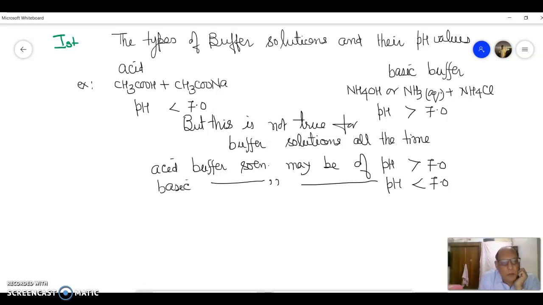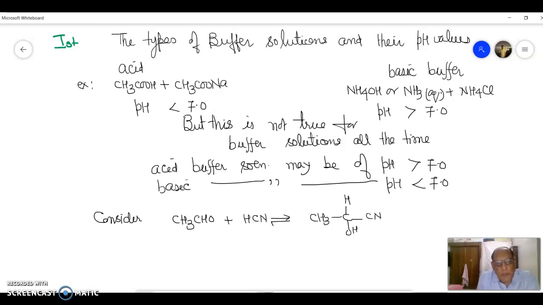You must have read in organic chemistry the nucleophilic addition of cyanide ion or hydrocyanic acid on a carbonyl group. For example, consider the reaction: acetaldehyde reacts with hydrocyanic acid. It's a reversible reaction, of course, to give cyanohydrin.